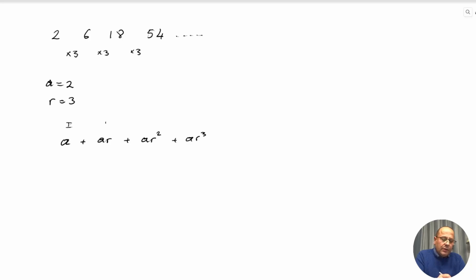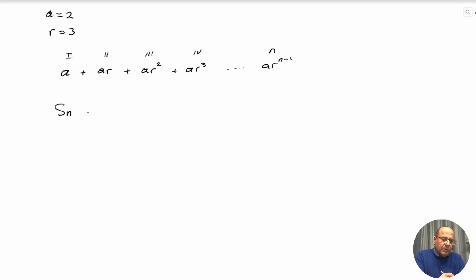They are the first, second, third, fourth terms, and so on up to ar to the power of n minus 1, and that is the nth term. The sum of all those terms is Sn equal to a plus ar plus ar squared plus ar cubed, and so on, plus ar to the power of n minus 1.